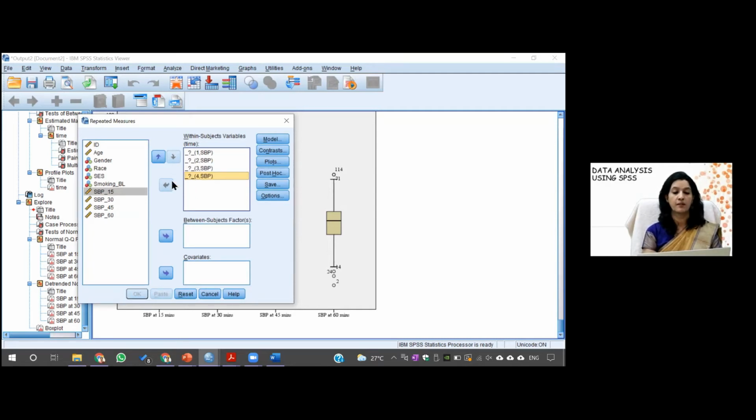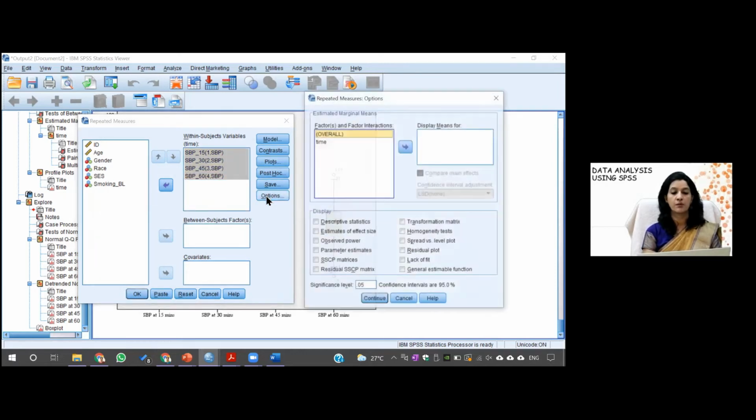So I'll again press all these 4 and move this here. So 1 means at 15 minutes, 2 means at 30, 3 means at 45, and 4 means at 60. And then I will press this options button.